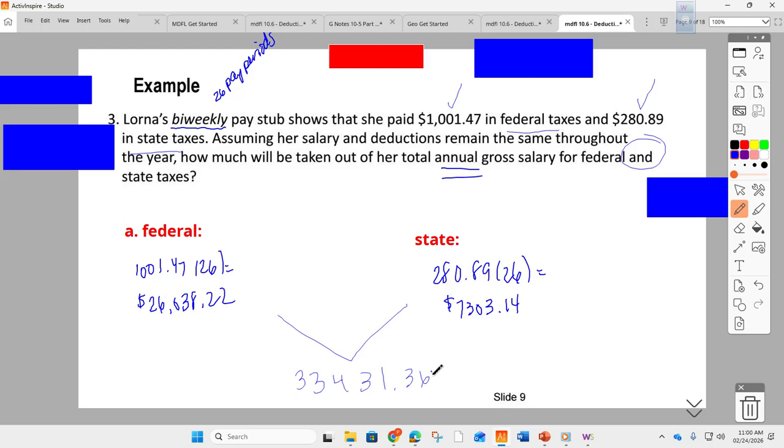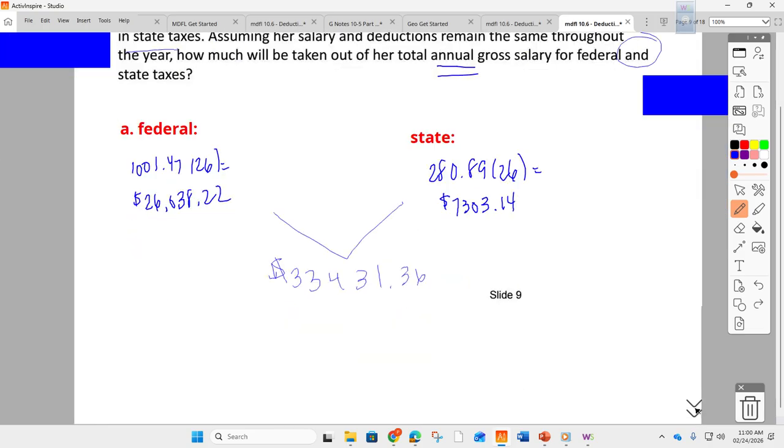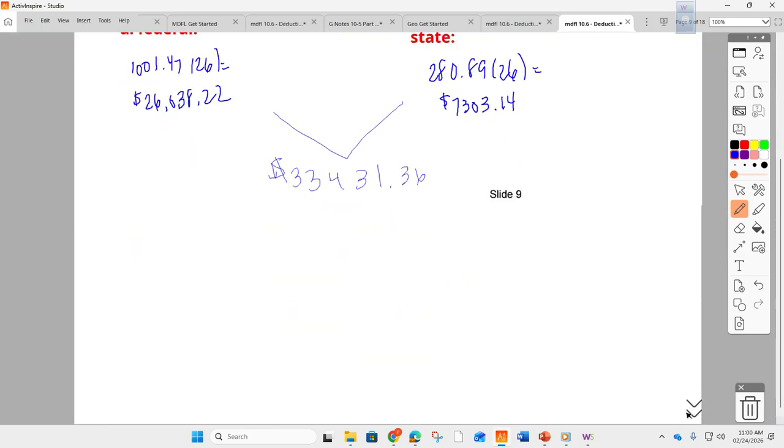Yes, I just saw it. $33,431.36. So that is the total she paid. That seems like a lot, doesn't it? I'll pull it up here. There you go. That's total federal and state taxes.